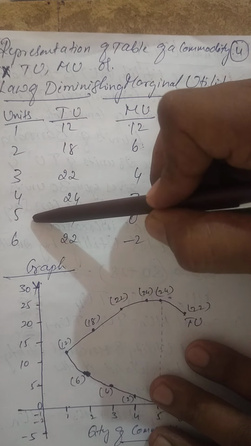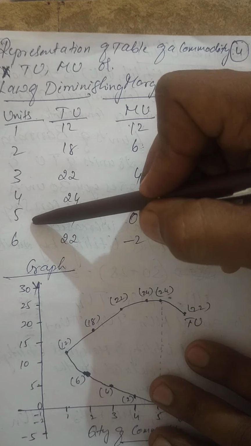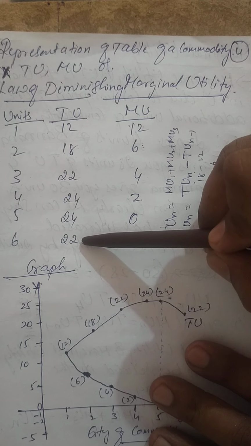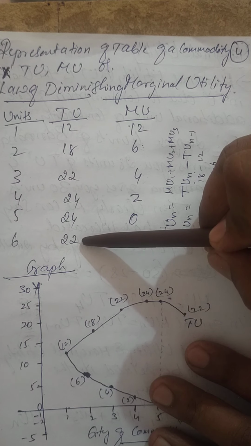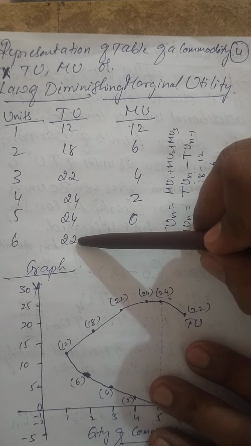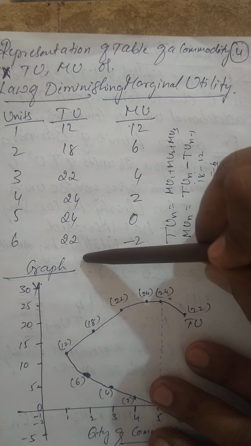After the fifth unit, when the person consumes the sixth unit, his level of satisfaction decreases. But it is decreasing in an increasing rate, not in a decreasing rate. Okay, you should understand it is increasing but in a decreasing rate.